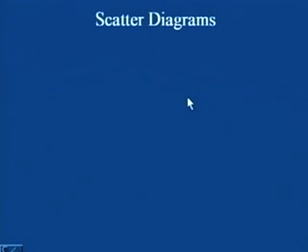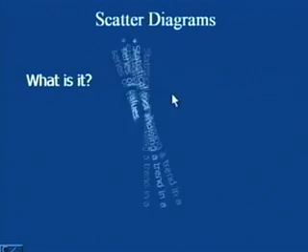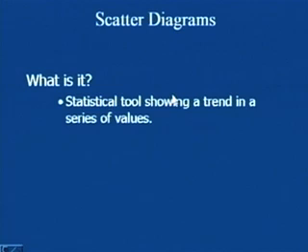The next tool is the scatter diagram. The scatter diagram is a statistical tool showing a trend in a series of values. It means if you have an x value, we need to find out the dependent value, that is y, meaning how y is dependent on x, whether there is some relationship between x and y or not.